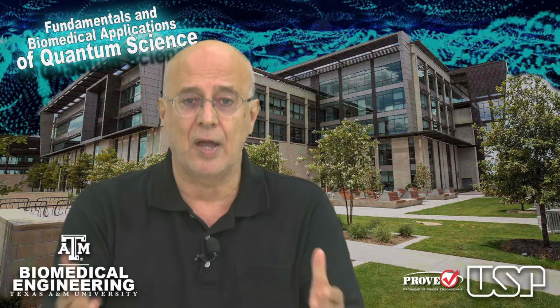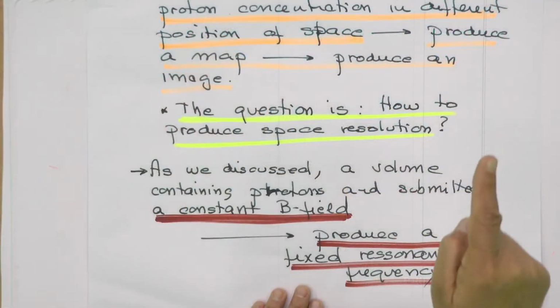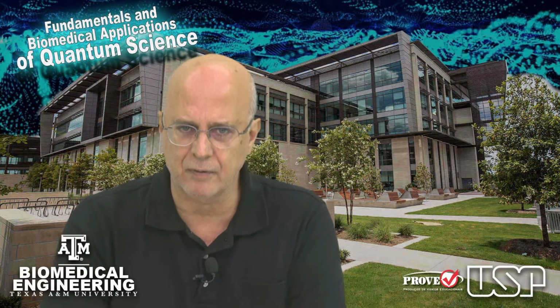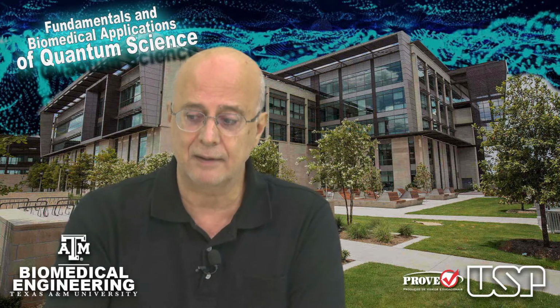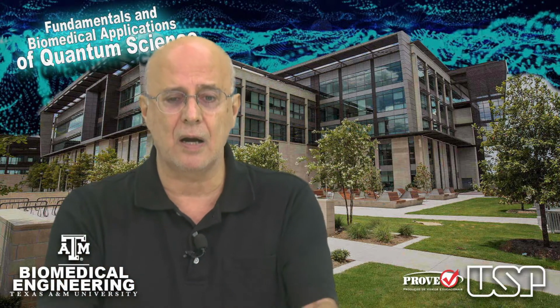Thanks to the magnetic resonance technique, we can produce fields specifically in each part of the space. Therefore, we can sample different parts of the space, varying the frequency, and by doing that, we can map the hydrogen everywhere and produce an imaging.